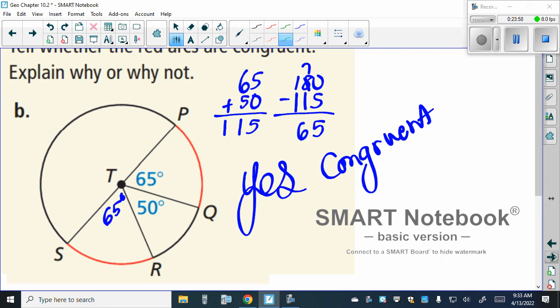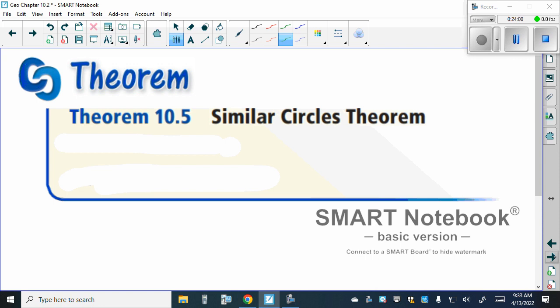Are you ready for the last theorem of the day? Similar circles theorem. Okay. We ready for this? All circles are similar. Because what are we changing to make a circle? To make a circle, we're putting a point and a radius, yes?